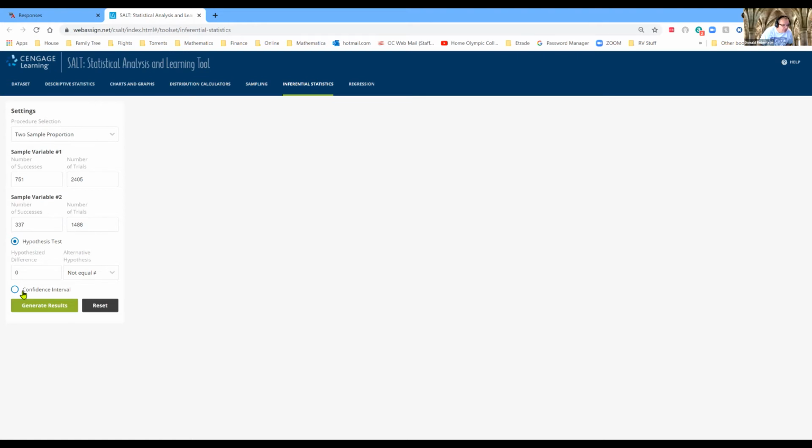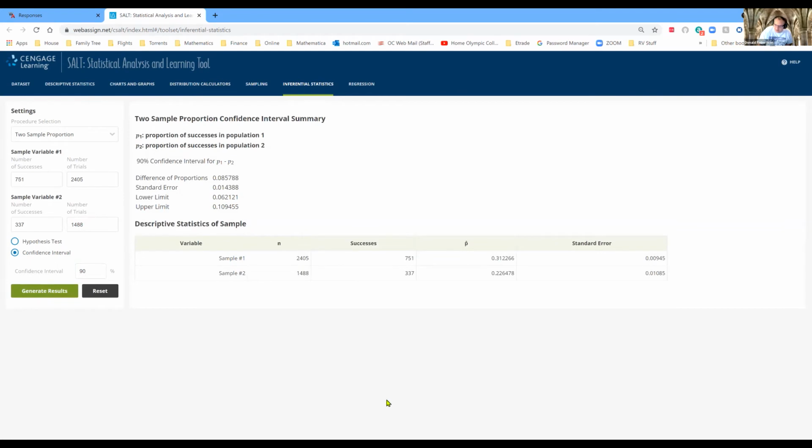And hit confidence interval and type in, I forgot, was it 90%? Oh, let me see. We can pretend it's 90, but if it was 95, you just say 95 there. And when I hit generate results, boom, there's your lower limit, there's your upper limit, and there's your standard error.